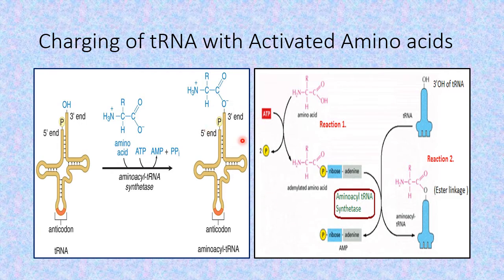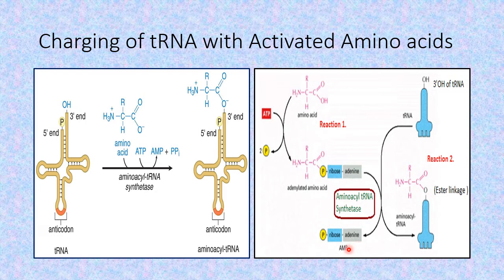So in the next step, this activated amino acid, that is adenylated amino acid, forms the ester bond with the hydroxyl group present on the 3' of the ribose sugar in this transfer RNA molecule.